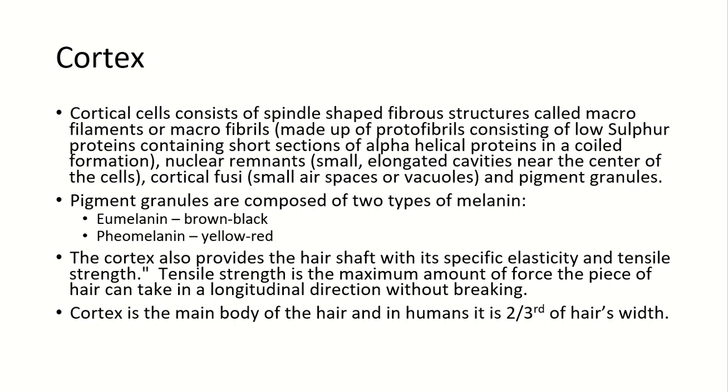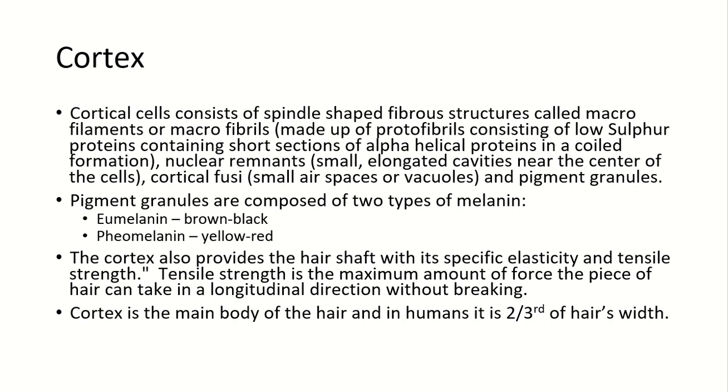Macrofibrils are made up of protofibrils that consist of low sulfur proteins containing short sections of alpha helical proteins in a coiled manner. Nuclear remnants are small, elongated cavities near the center of the cells. Cortical fusi are small air spaces or vacuoles.